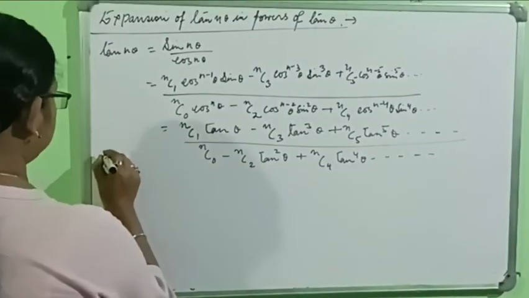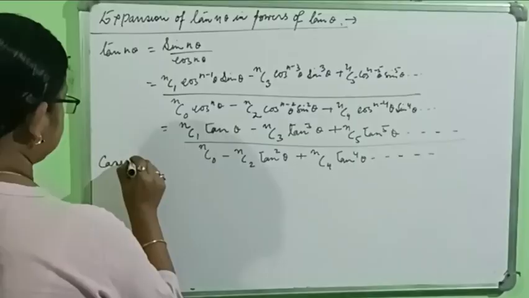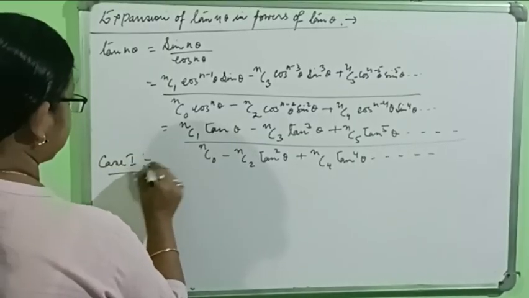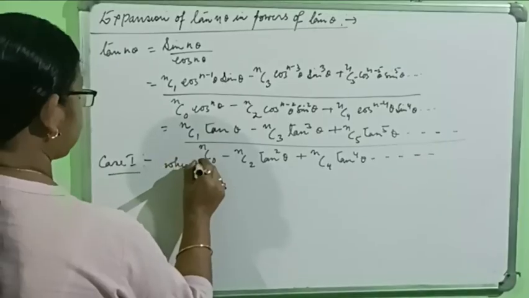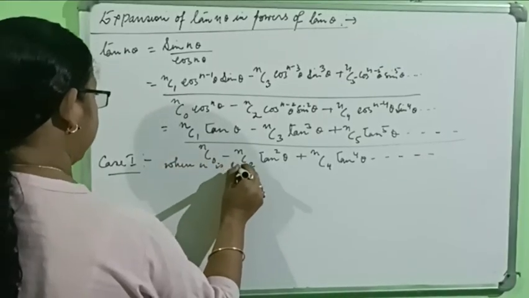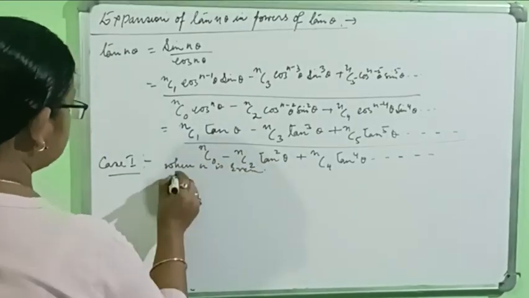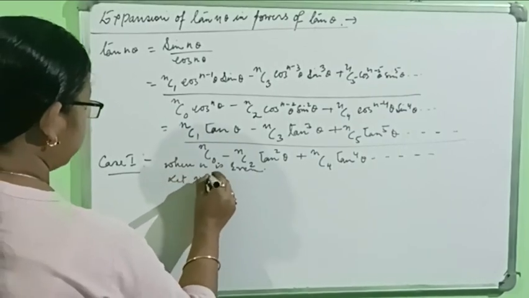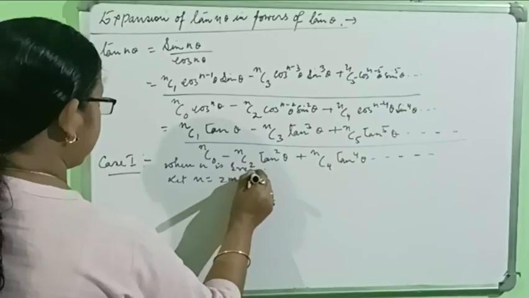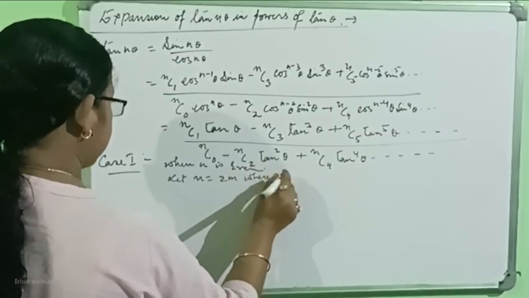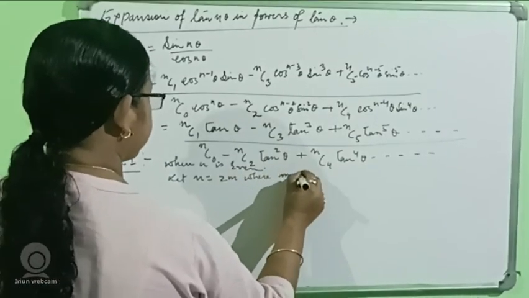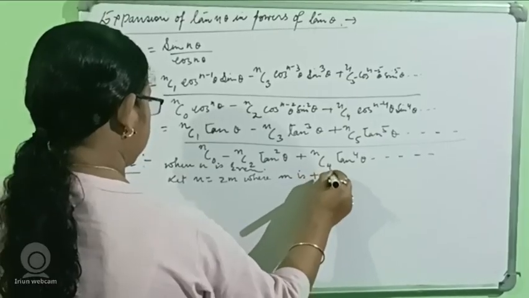Now case 1, when n is even, let n equal 2m where m is a positive integer.